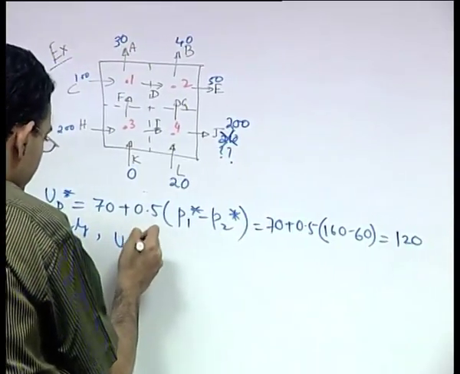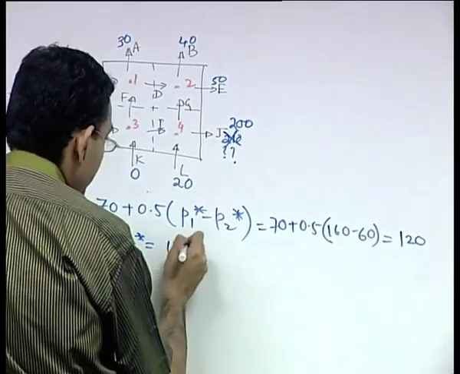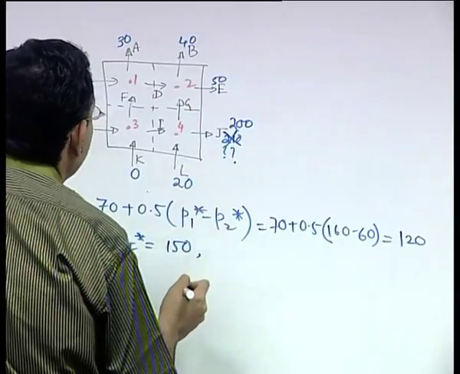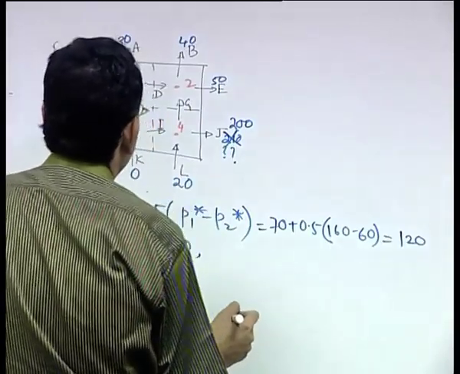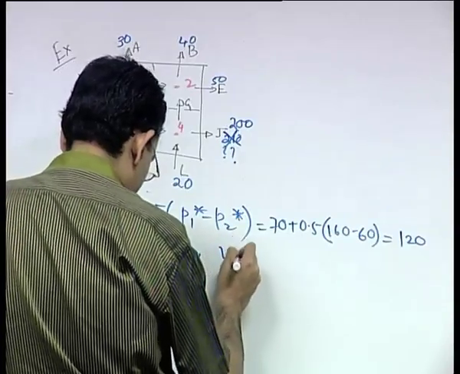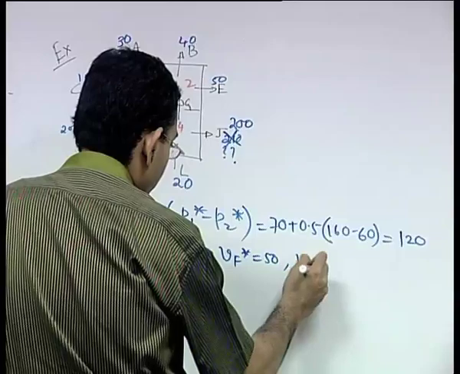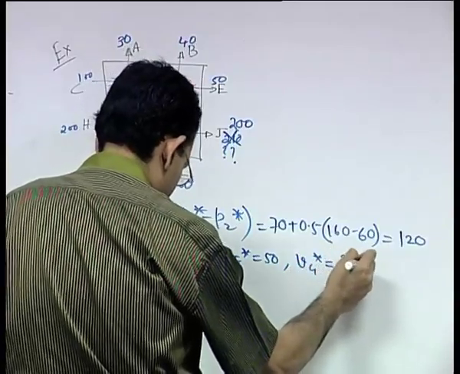UI star is equal to 150, then VF star equal to 50, VG star equal to 30.